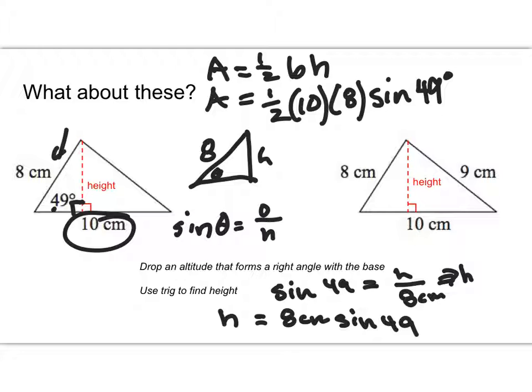And if you notice, our angle is given to us in degrees, so we're going to make sure that our calculator is in degrees. And when I put that in, I end up getting an area of about 30.2 centimeters squared.